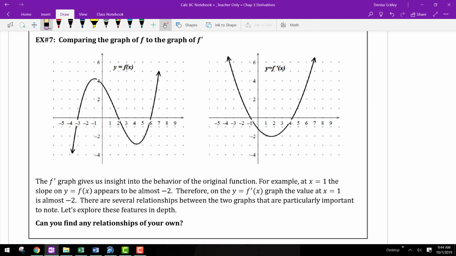So here's what we're looking at. Let's start with our f graph. What we want to notice is that through this section right here, from here to here, we are concave down. Okay, and at the top of this is a horizontal tangent line.